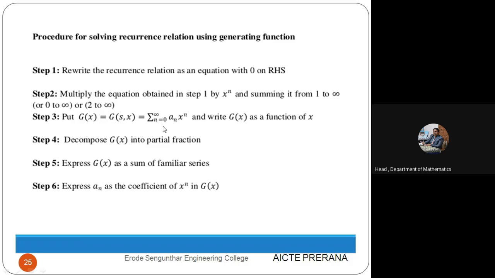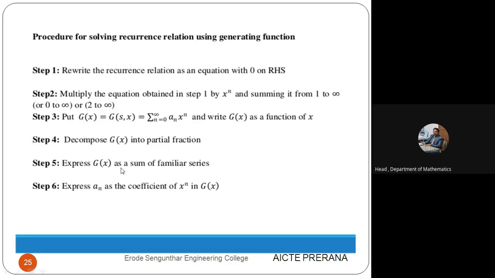The generating function is summation n equal to 0 to infinity an into x power n equal to g of x. Then we decompose g of x into partial fractions. When we use partial fractions, in g of x the denominator is the multiplication of two or more terms. Using partial fractions, we separate the terms into single terms.